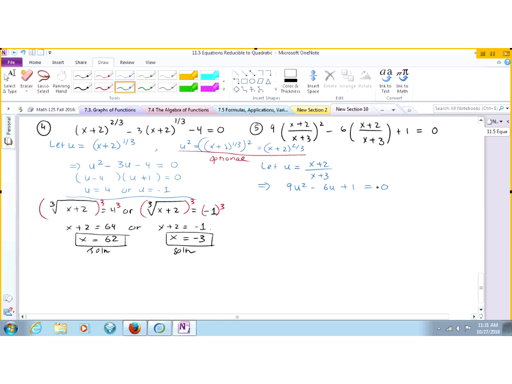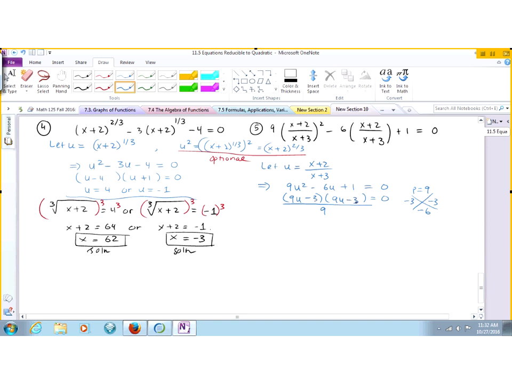Is it factorable? Is it or not? Okay, let's try to use AC. 9u squared divided by 9. Okay, good. Product is equal to AC, so 9 times 1 is 9. Sum is equal to negative 6.